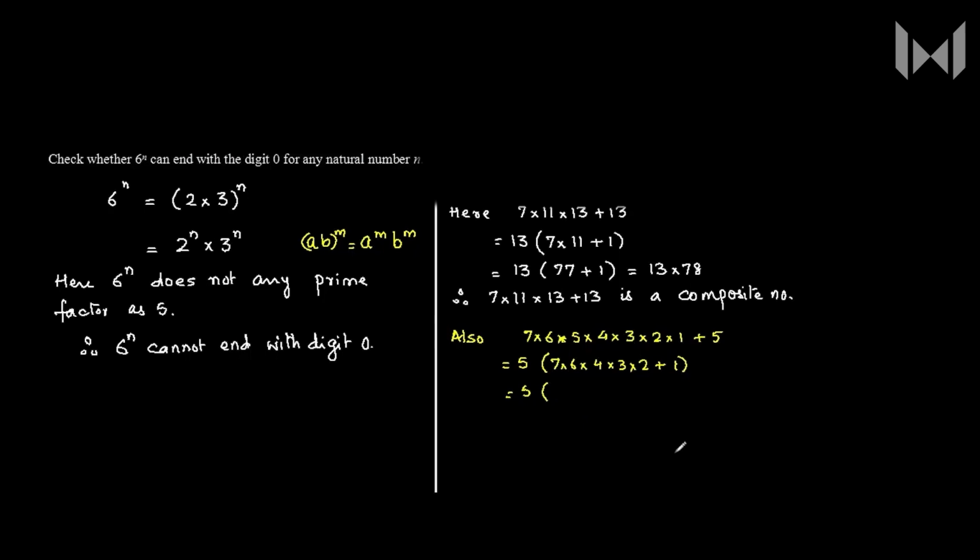Now 7 6 are 42. 42 into 2 is 84. 84 into 12. 7 6 are 42. 2s are 84. 4 12 4s are 48. 4 12 8s are 96. 96 and 4 is 100. So it's 1008 plus 1, and that is 5 into 1009, and therefore this is also a composite number.